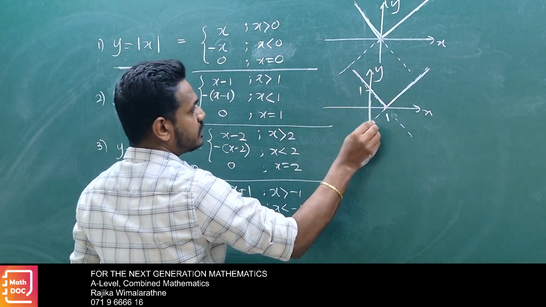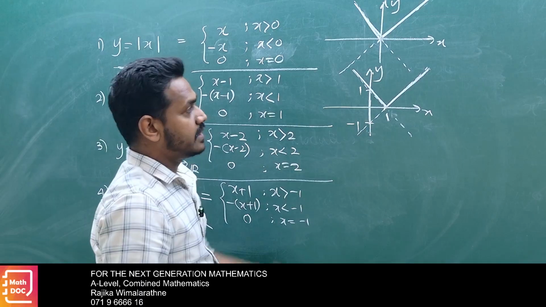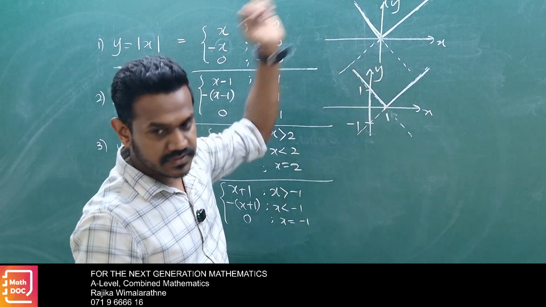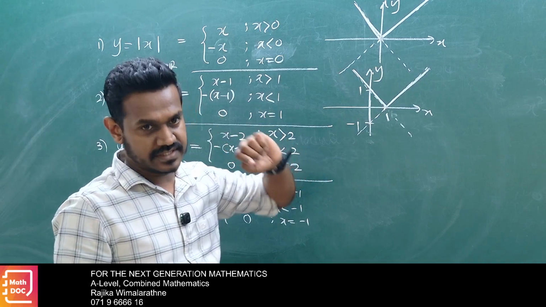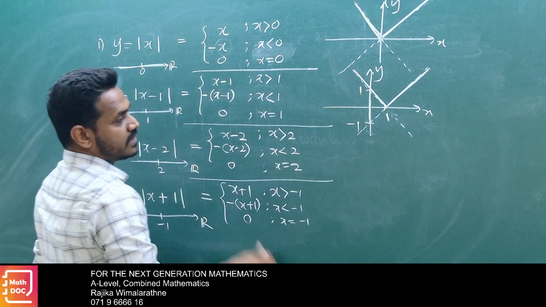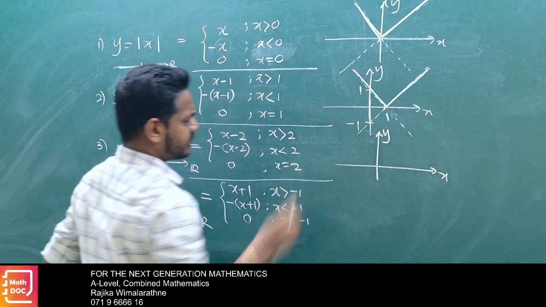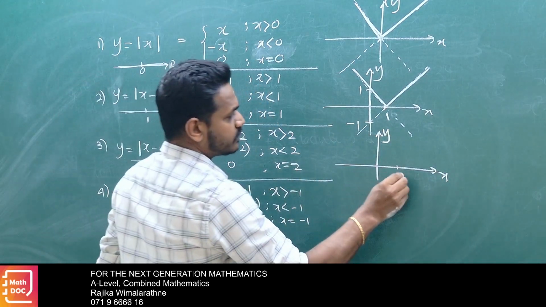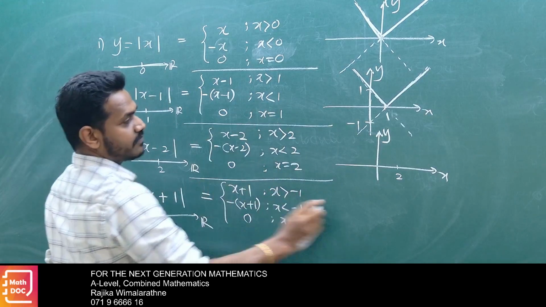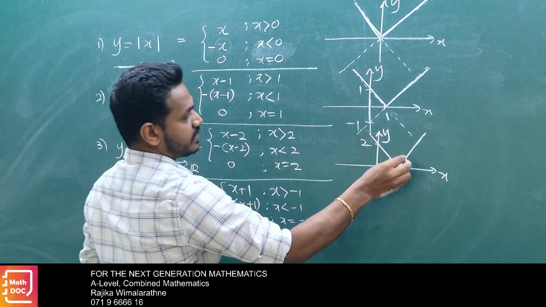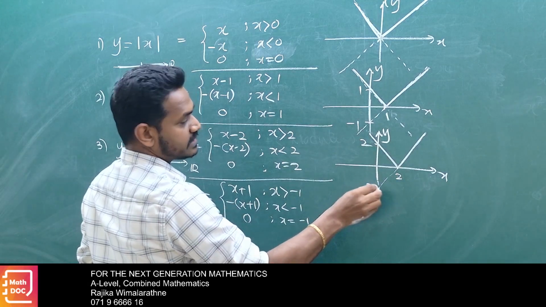Here 1, minus 1. See now, all y values are positive, no? All y values are positive. That is the property of modulus. Now by practice you can directly sketch this way. 2, 0, mark 2, 0, and it is a V-shape one. You sketch a V-shape, with intercept 2. So when you produce it, you get a minus 2 intercept.